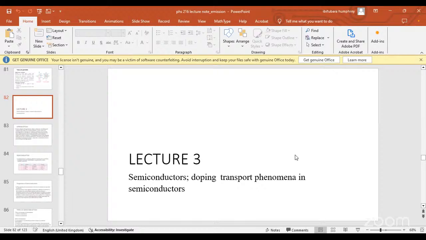What are their uses? Uses of vacuum tubes. No one can remember any use of vacuum tube.